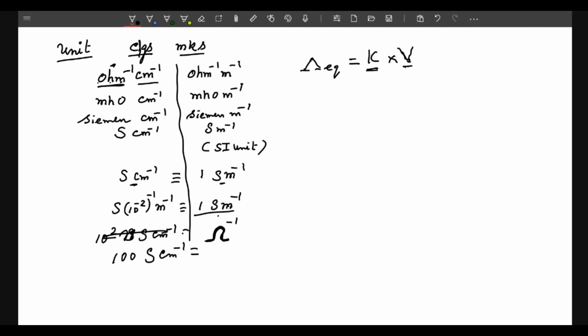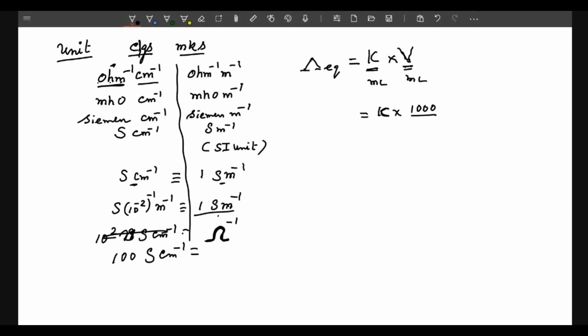Here the volume should be in cc because kappa is given per cc. The volume should also be in cc. We call V the volume of the solution containing one equivalent weight of the electrolyte. Or you might have studied lambda equals kappa into 1000 by N, if normality is given.